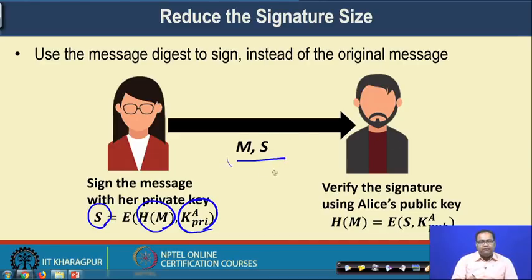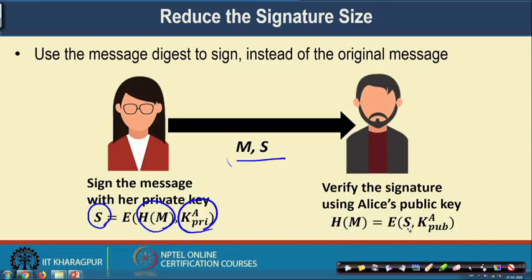Once Bob receives this particular signature, Bob can verify it by decrypting the signature, applying the decryption algorithm using Alice's public key, and by applying this algorithm, Bob will get the message digest. The original message is also available to Bob.